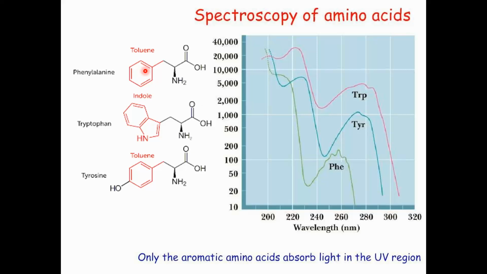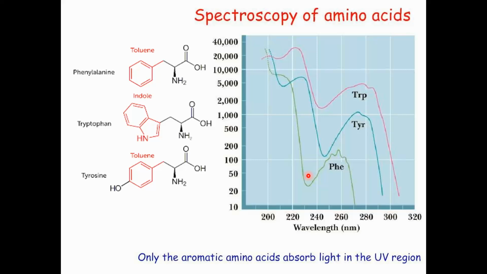This is a very important property of amino acids, and we can even detect proteins because of this ability to absorb light. For example, if we have a mixture of proteins in a test tube and we do not know what types of proteins are present, we can keep it under UV light.